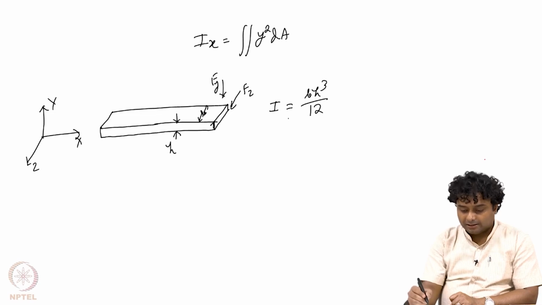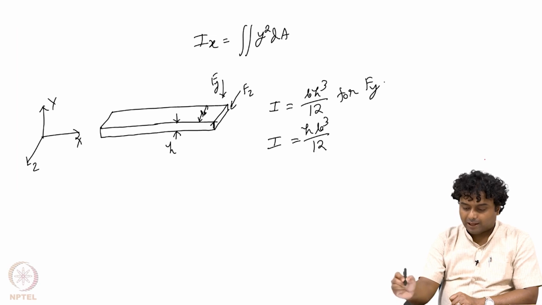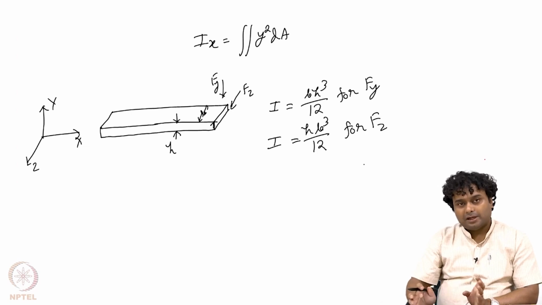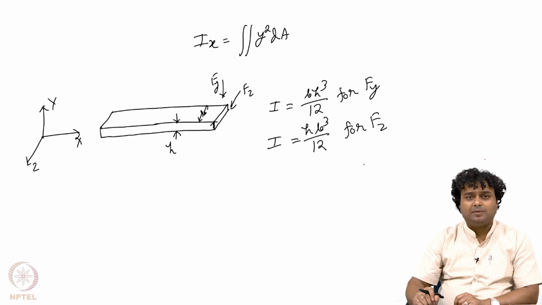So, in that case, moment of inertia will actually be hb cube by 12. Okay. So, this is for Fy, whereas this is for Fz.